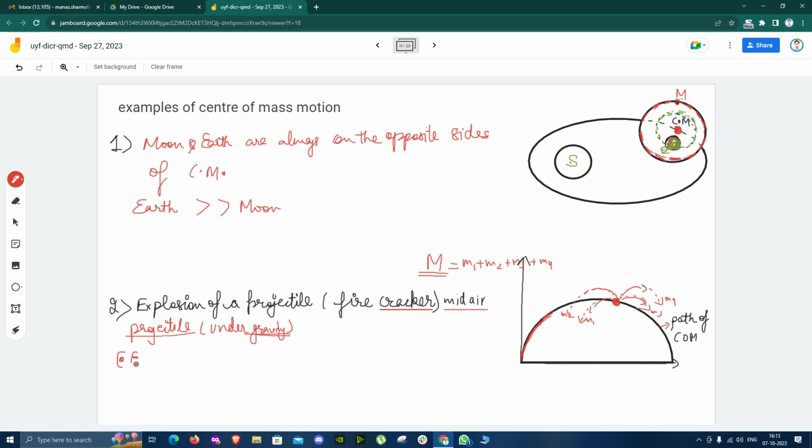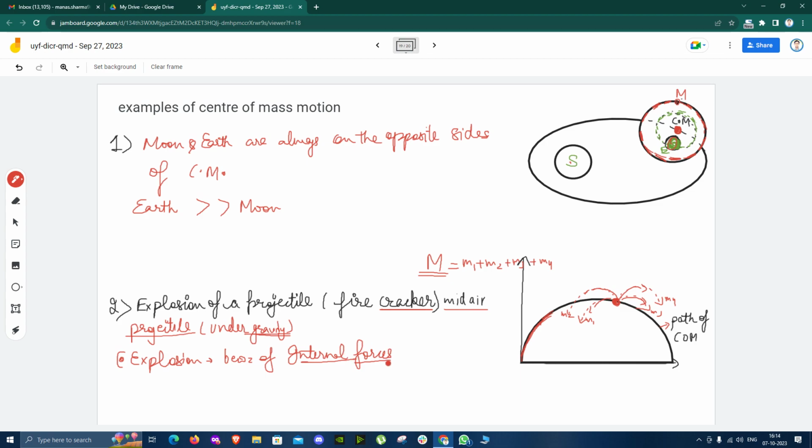So the explosion itself happens because of internal forces. These internal forces cannot change the total momentum of the system.